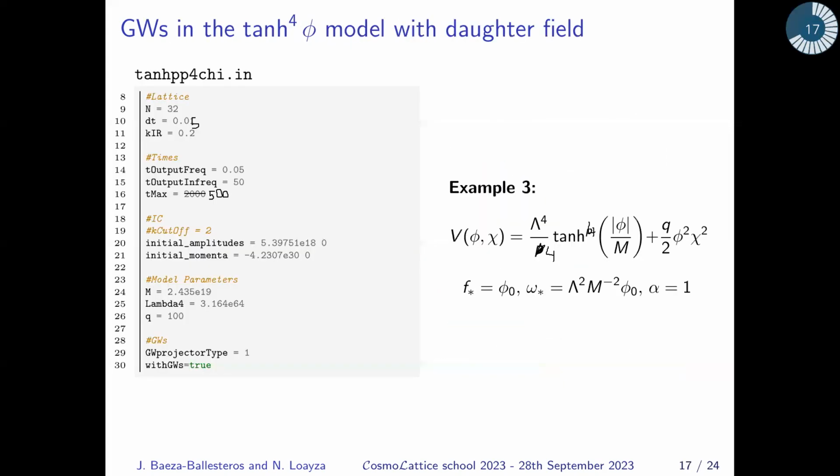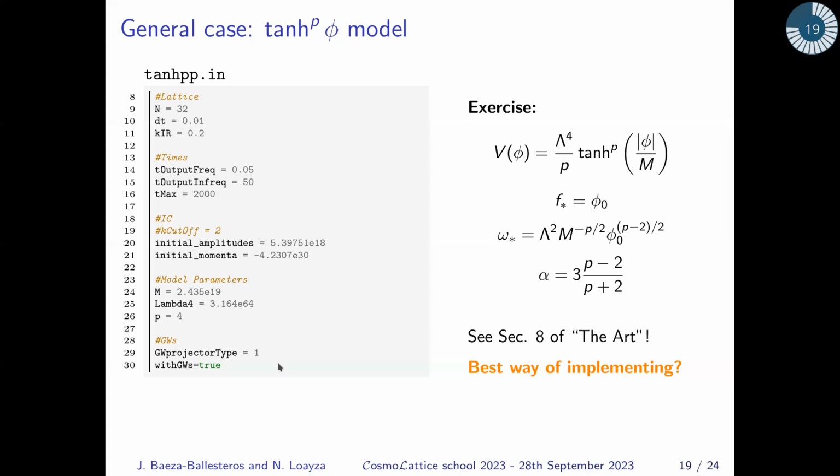It's slower because if we were to hard code P equal to 4, the compiled code would be better optimized for making the computations.